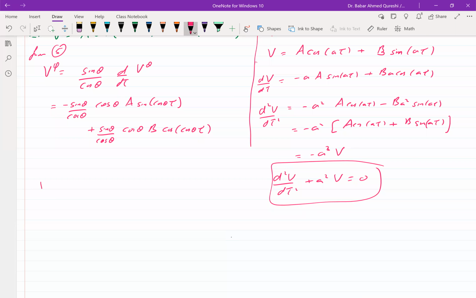So finally I have V phi. Let me use some other color. Minus sine theta I can take common: A sine of cosine theta tau minus B cosine of cosine theta tau.